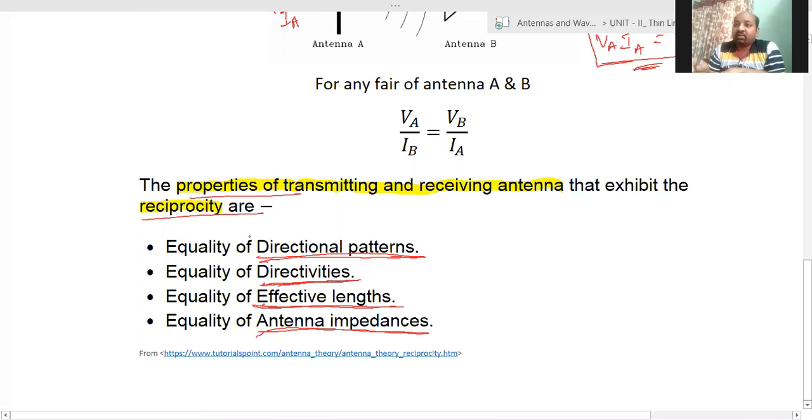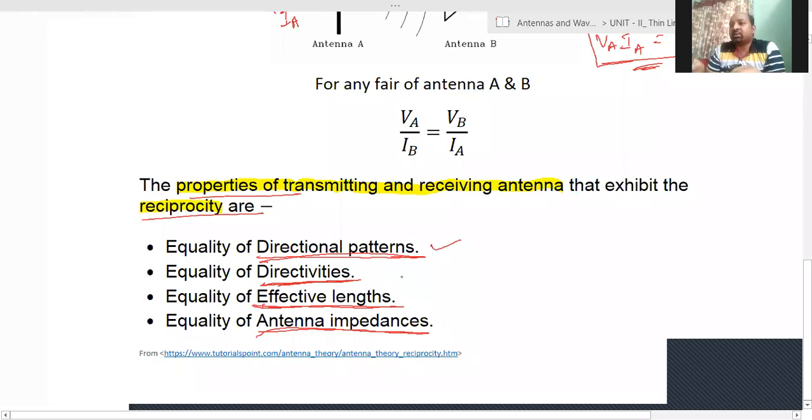If all these properties are satisfied, then a transmitting antenna can be used as a receiving antenna, or a receiving antenna as a transmitting antenna, for the same purpose or application.